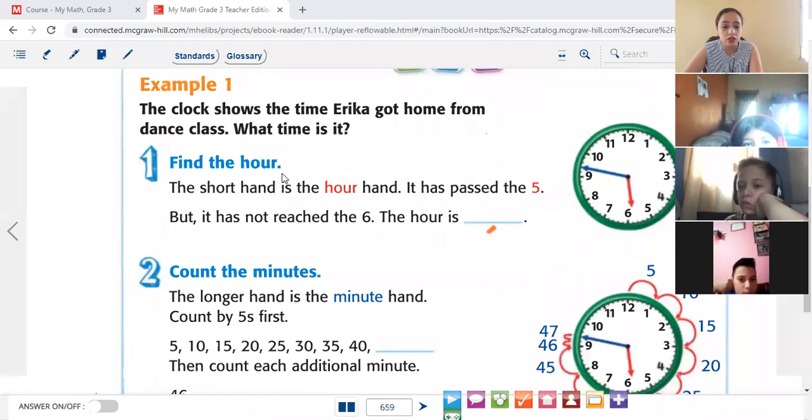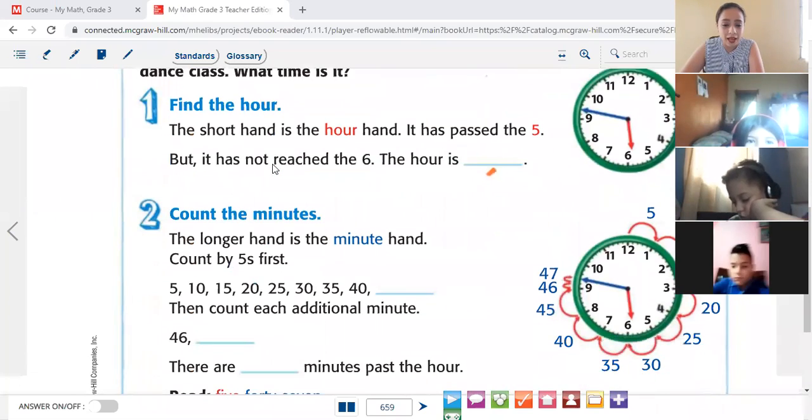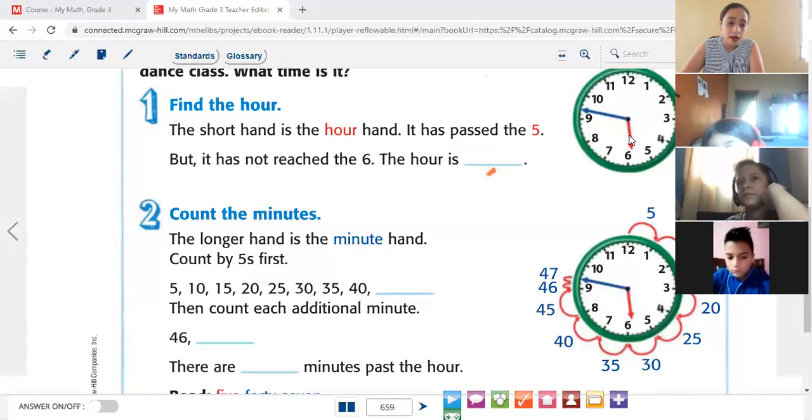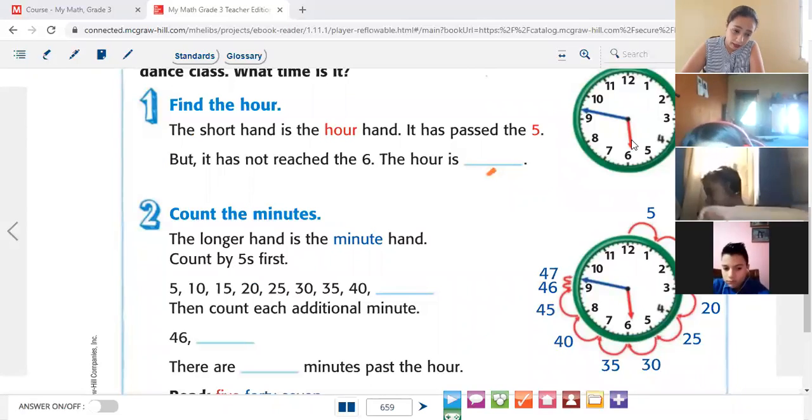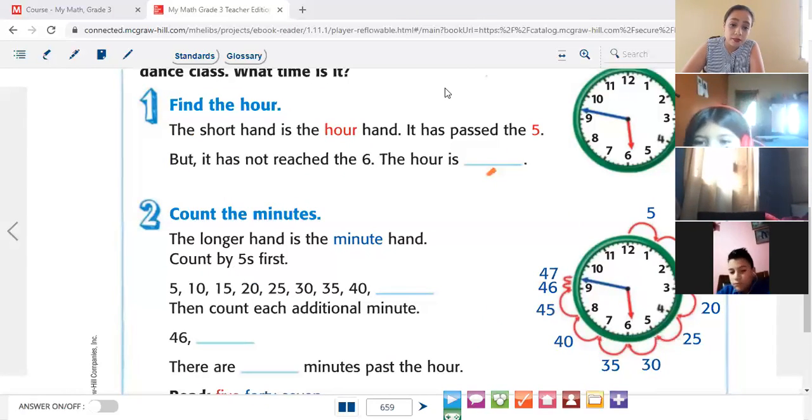Let's read together example number 1. The clock shows the time Erica got home from dance class. What time is it? Now, let me tell you something. I repeat, the short hand tells me the hour and the long hand tells me the minutes, okay?